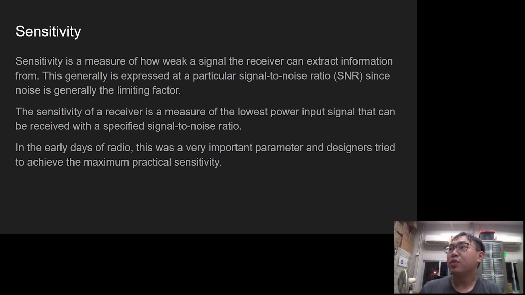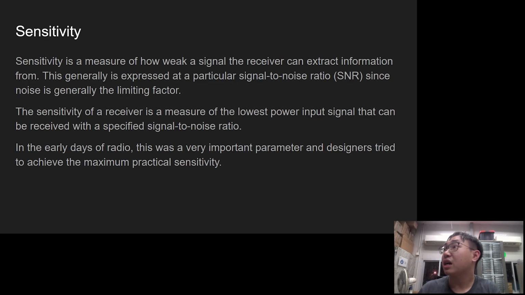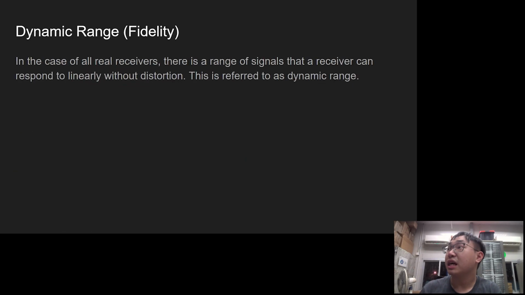Okay. To compare the signal strength and the noise, we have a term called signal to noise ratio, SNR. So we have three different aspects to go through: the sensitivity, the selectivity, and the dynamic range.